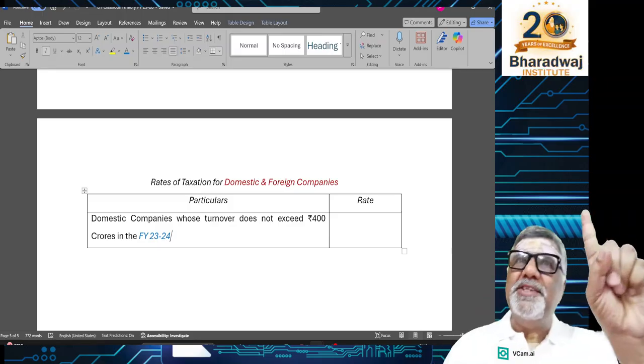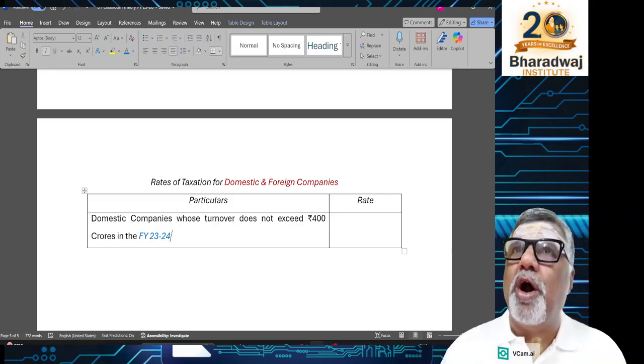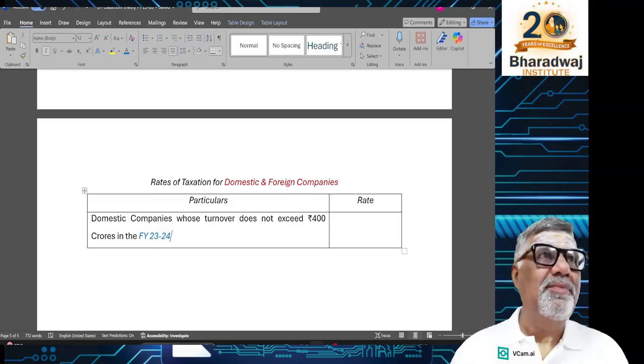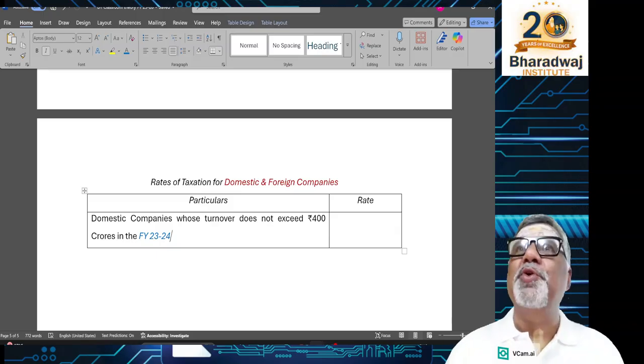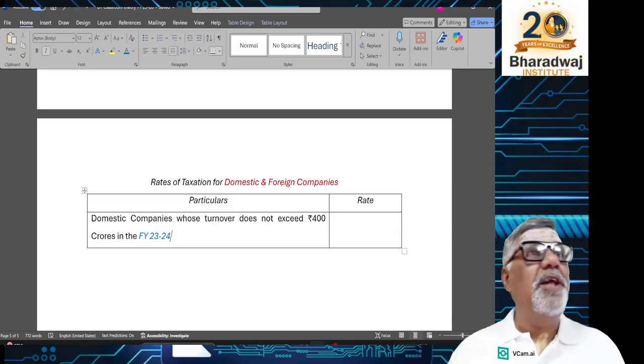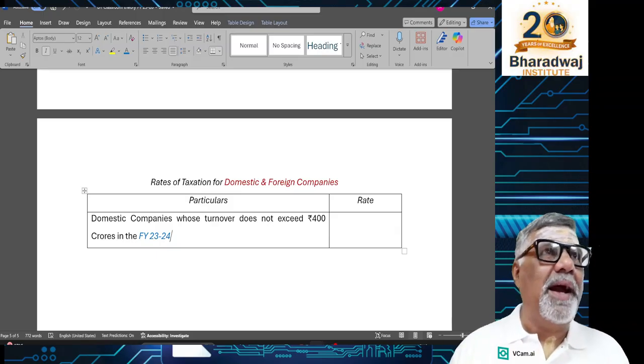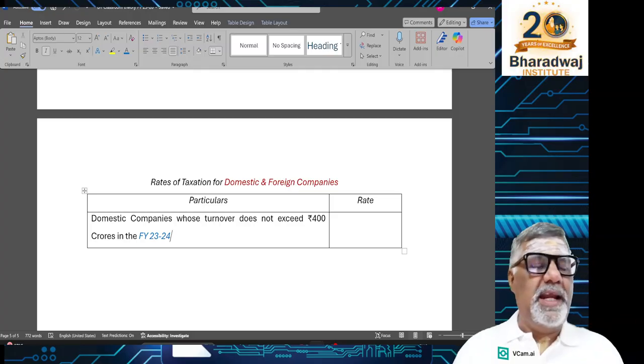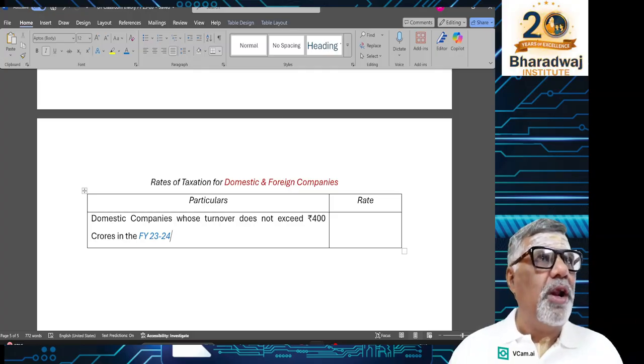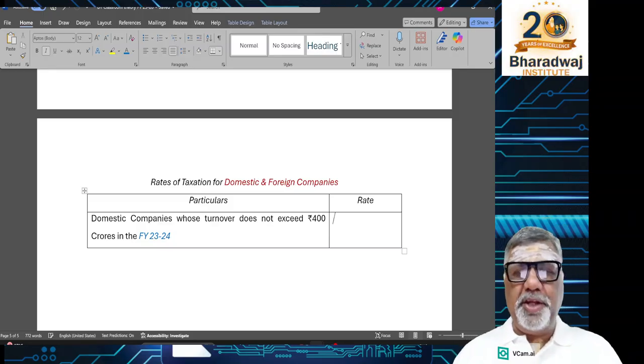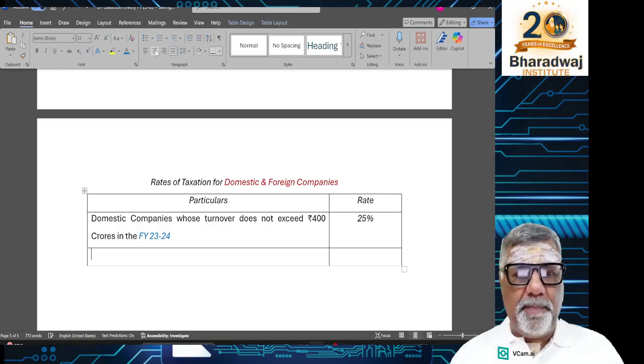The first installment of advance tax is due on 15th June. Before that, many audits would not have been completed. The turnover would not have been determined. So the law is clear. Exceeds 400 crores in the financial year 23-24, the rate is 25%.